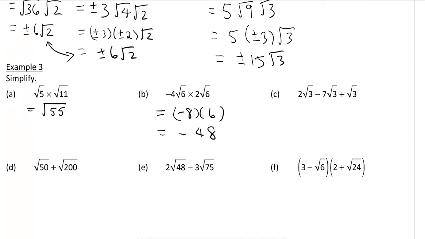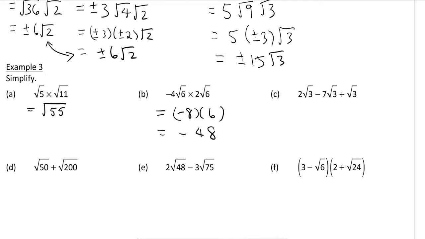Okay, and in part C, here's a different example. Before, in part A and part B, we were just multiplying them. Now in part C, we have different operations, which involve a minus and a plus. And this is kind of like a chapter in grade 9 when you had to combine like terms.